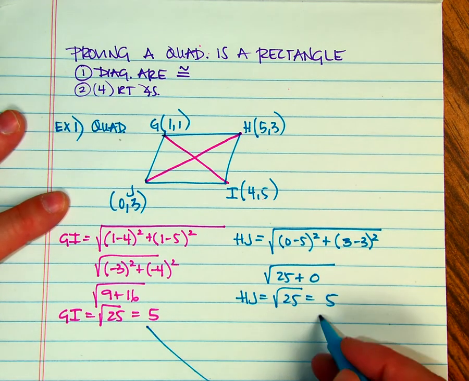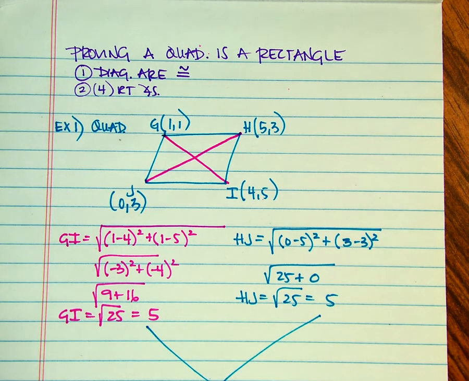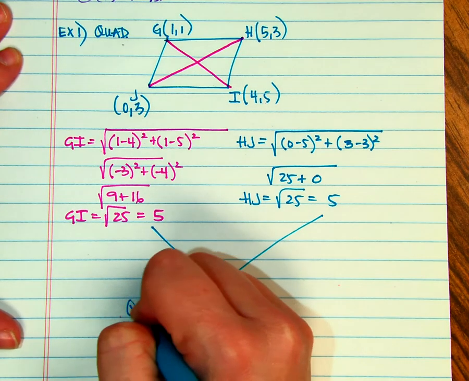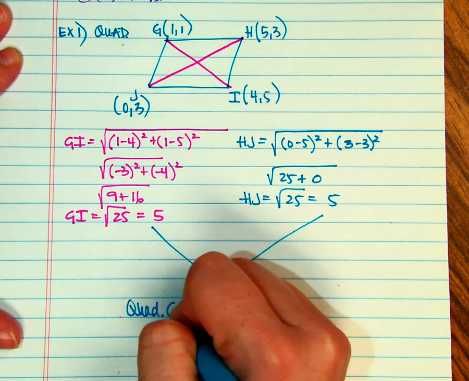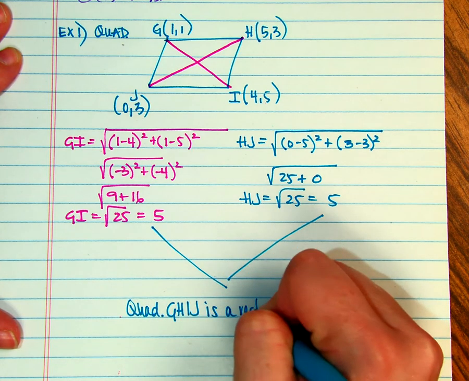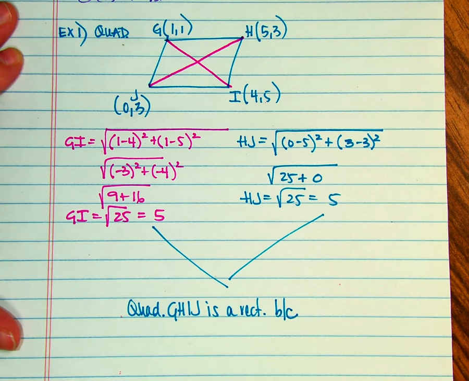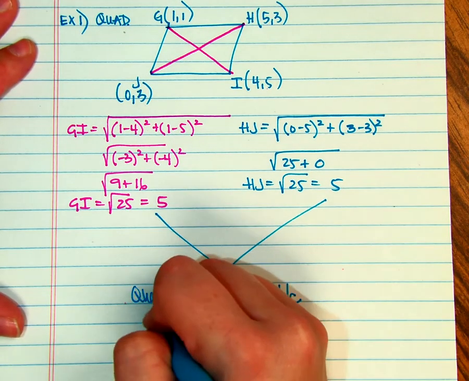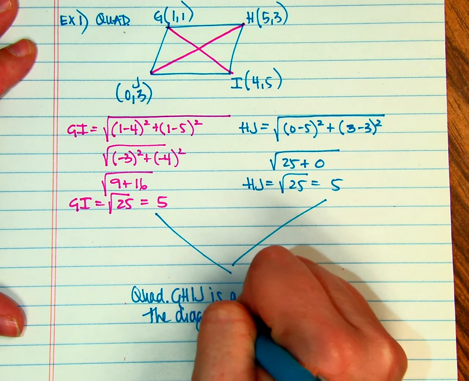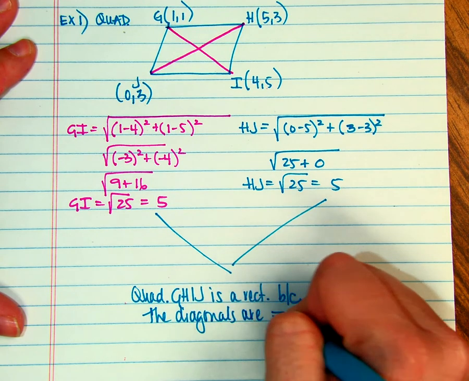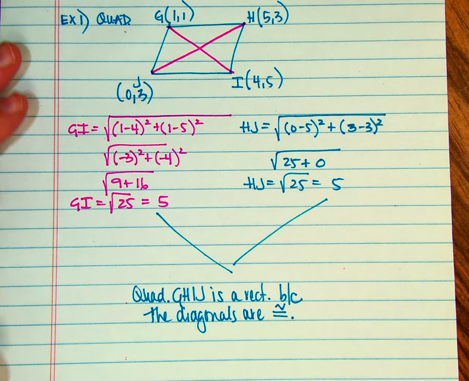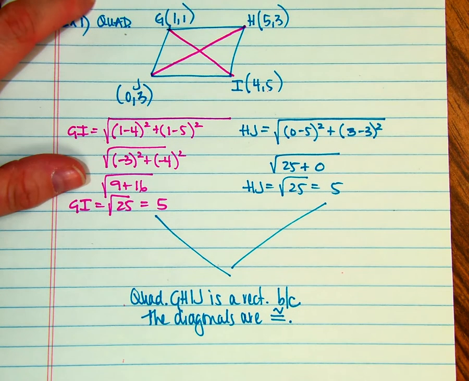So both diagonals are congruent. So I can state that quadrilateral GHIJ is a rectangle because, again, this is the important piece, the diagonals are congruent.